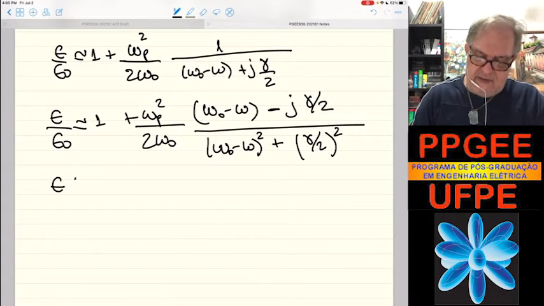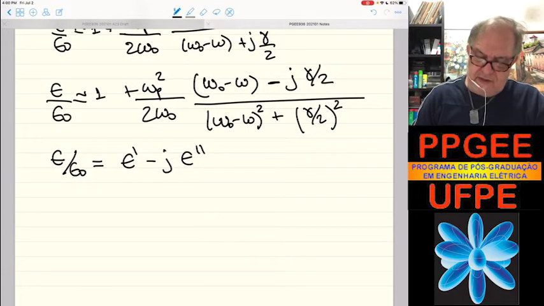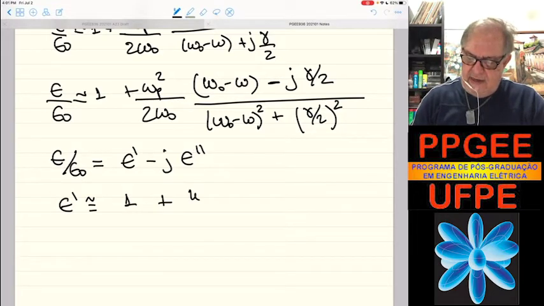So recall that we defined epsilon prime minus j epsilon double prime. So the real part is going to be approximately 1 plus omega p squared divided by 2 omega 0, times the omega 0 minus omega term over the same denominator.